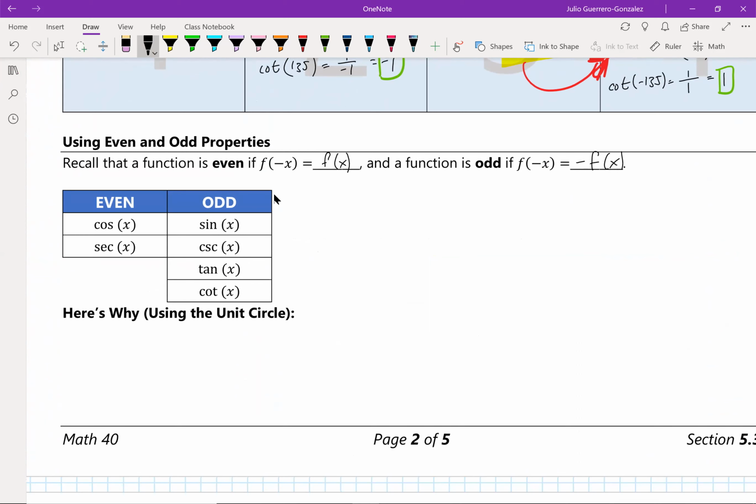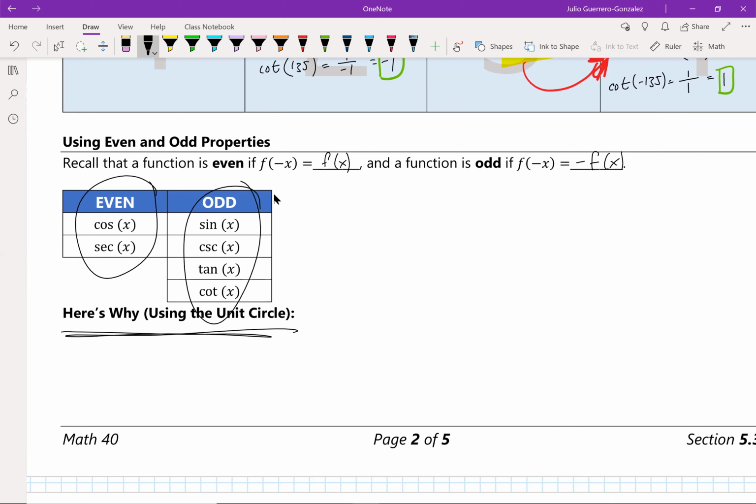So we have some even and odd functions for cosine and sine. And they're all sort of semi-related. What I want to cover here is why. Why are cosine and secant even, and then the rest are odd?